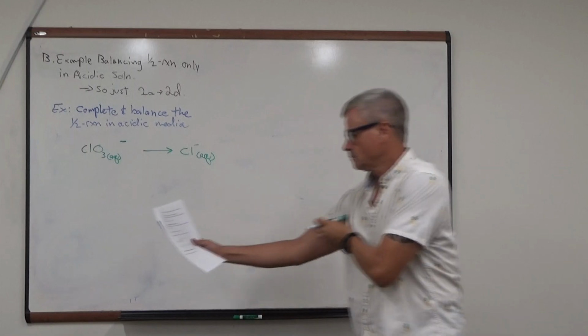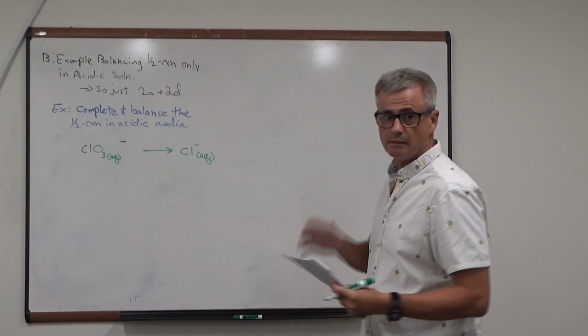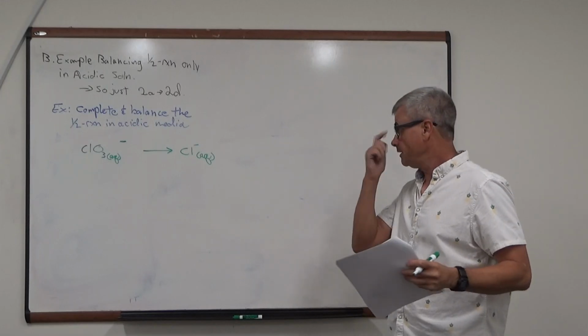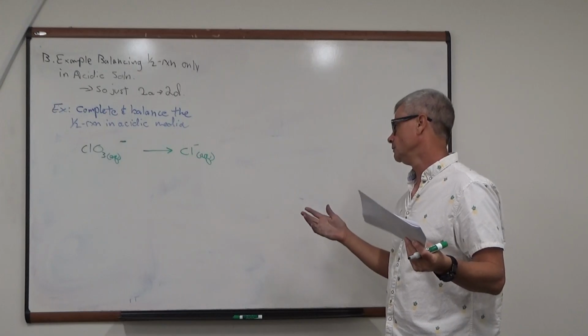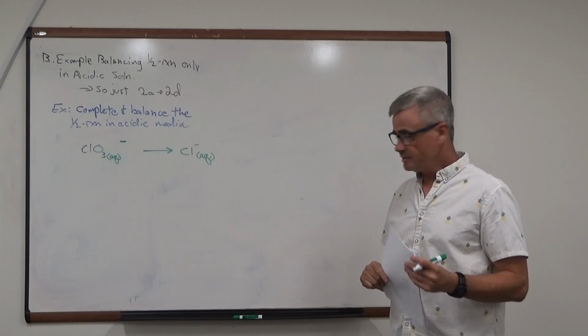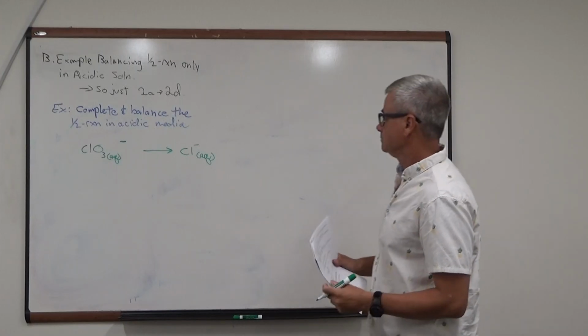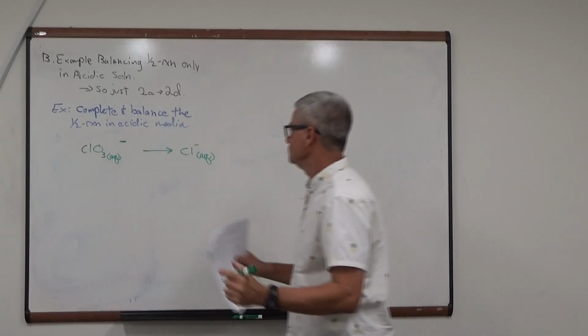All right. So 2A is balancing any non-oxygen or hydrogen element. Not needed here because we have one chlorine, so no need.